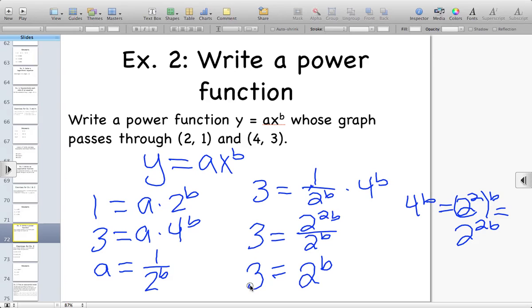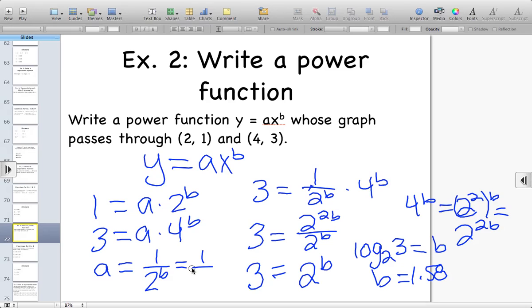Well, that's a logarithmic function. So log base 2 of 3 is equal to b. So log 3 divided by log 2 gives us approximately 1.58. So now we know what b is equal to. We can plug that back into a.